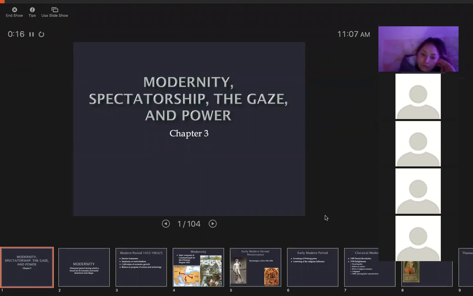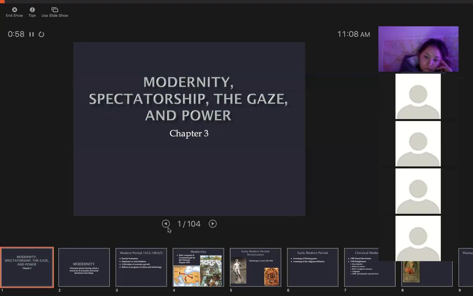There is an issue of modernity, and then there is an issue of spectatorship, and gaze and power in a way go together in some ways. Because we've got 2 weeks for this chapter, I'm going to concentrate on the first part of the PowerPoint today, and next Monday I will concentrate on the second part. So today we will look mainly at modernity and start talking about the idea of spectatorship theory.